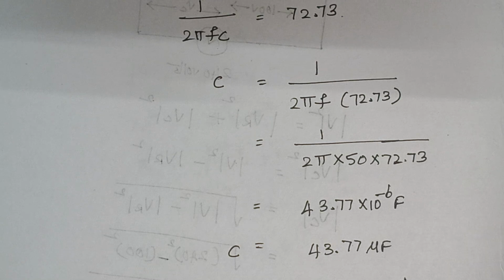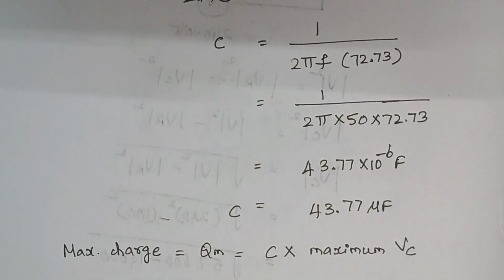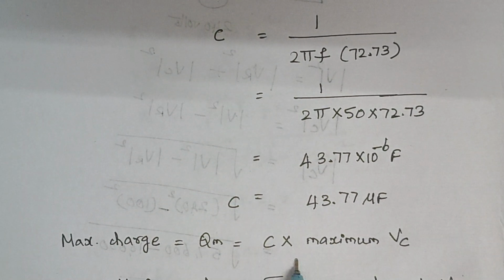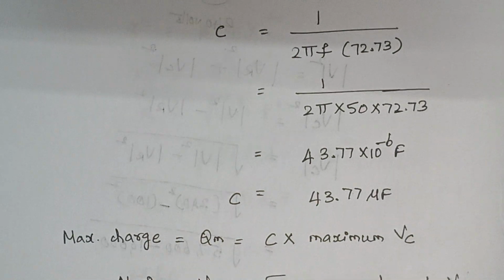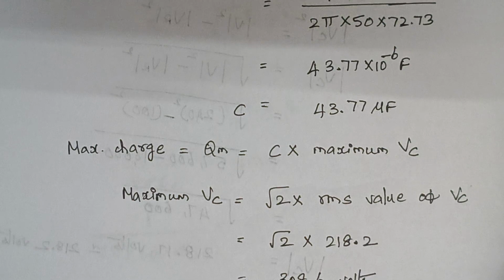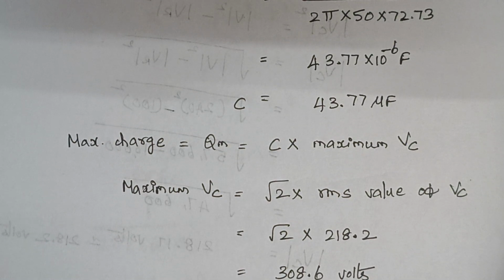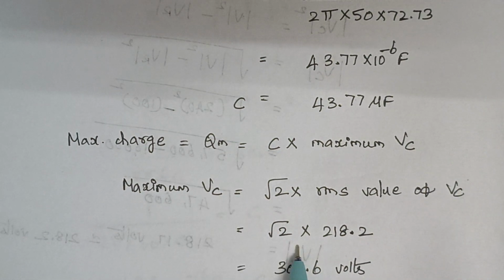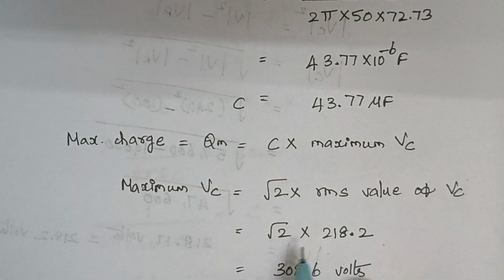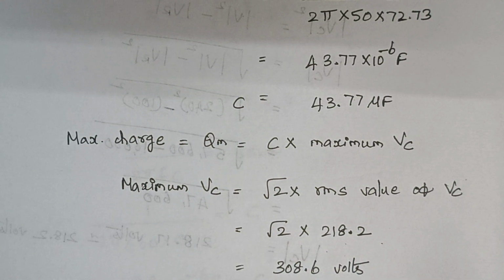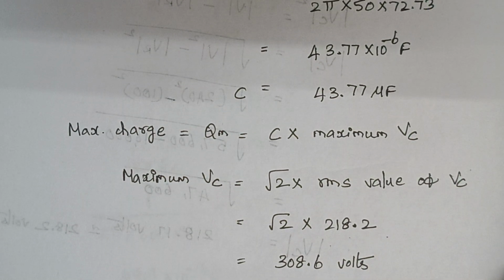So here the maximum charge, the formula, it is given as C into maximum VC, right? So this maximum VC is given by root 2 into the RMS value of VC. So square root of 2 into the voltage across the capacitor we had already calculated, right? So just substitute it, and here the maximum VC is 308.6 volt, right?